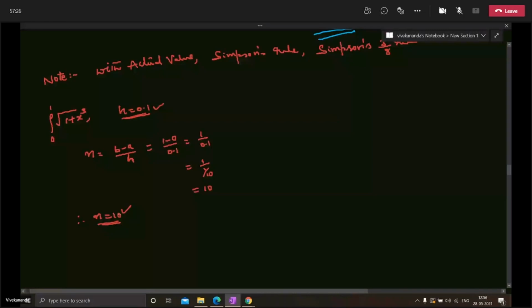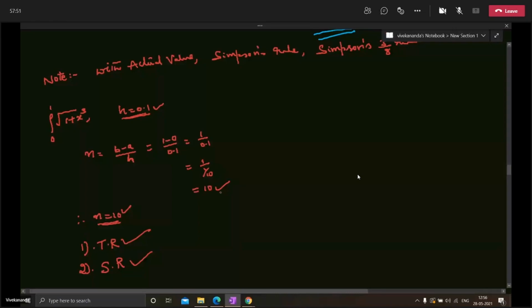Next, the second one. Which of Simpson's 1/3 or Simpson's 3/8 can we apply? Simpson's 1/3 rule applies because of an even number of subintervals. So 10 is an even number, so we can use Simpson's 1/3. What about Simpson's 3/8?